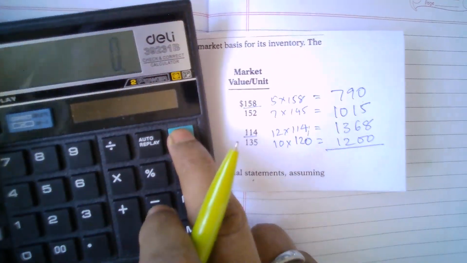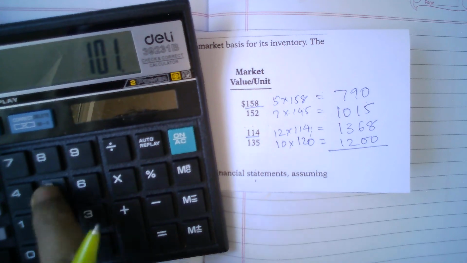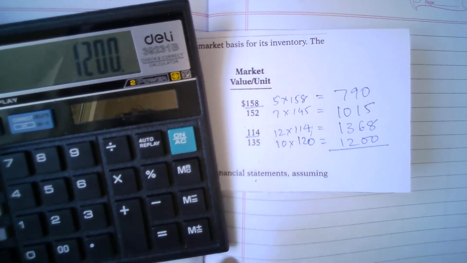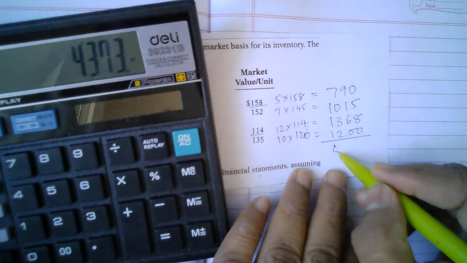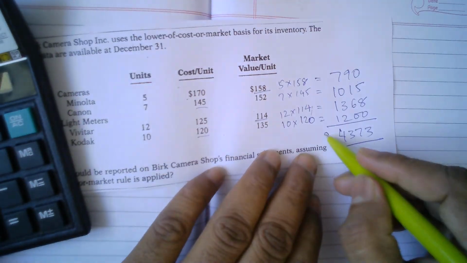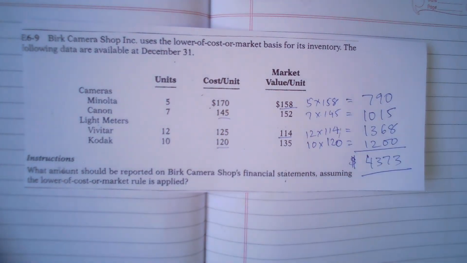Now I have to add them: 790 plus 1015 plus 1368 plus 1200. I am getting 4373 as the valuation. This is in dollars. So this is the final answer for this particular problem.